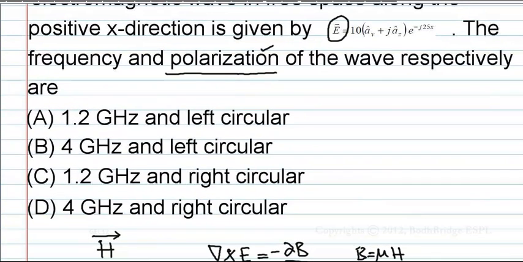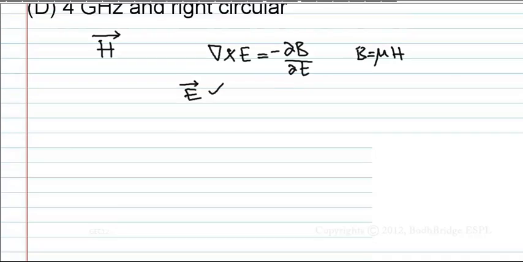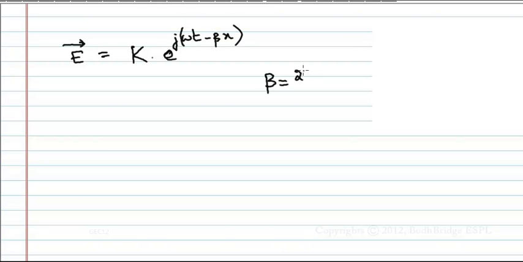First of all, we shall find the frequency. What has been given? E bar is equal to 10 ay cap plus j az cap into e power minus j 25x. Generally, the electric field intensity is of the form e power j omega t minus beta x, where beta is equal to 2 pi by lambda.